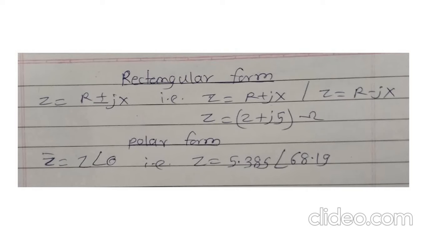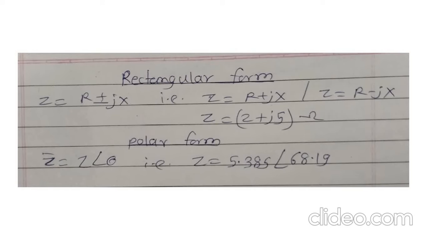As an example, 2 plus j5 is the rectangular representation of impedance. Now the polar form: Z bar is equal to Z at an angle of theta is the polar form of impedance. For example, Z is equal to 5.385 at an angle of 68.19 is the polar form of the impedance.